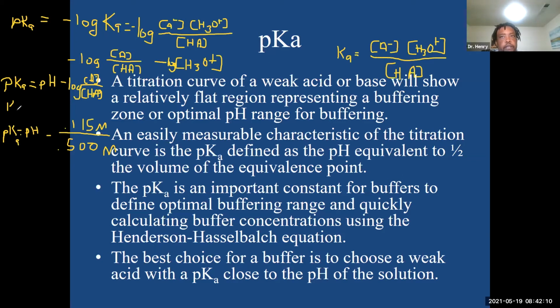Our Ka for the last problem was 1.38 times 10 to the minus 4. So pKa equals minus log of 1.38 times 10 to the minus 4, and we get 3.86.